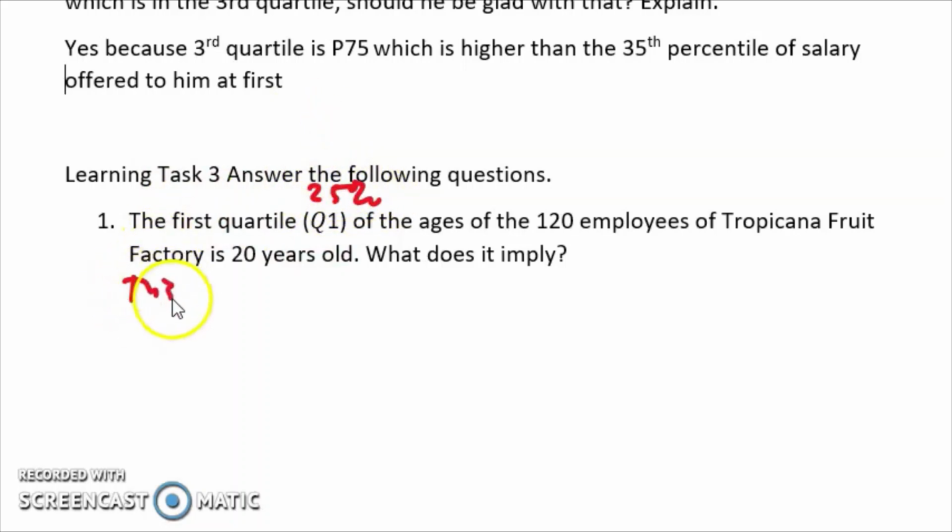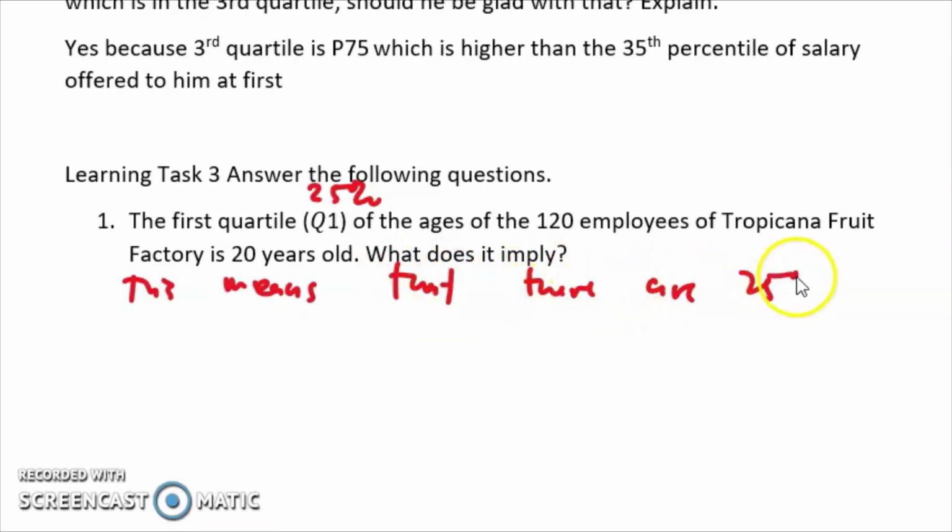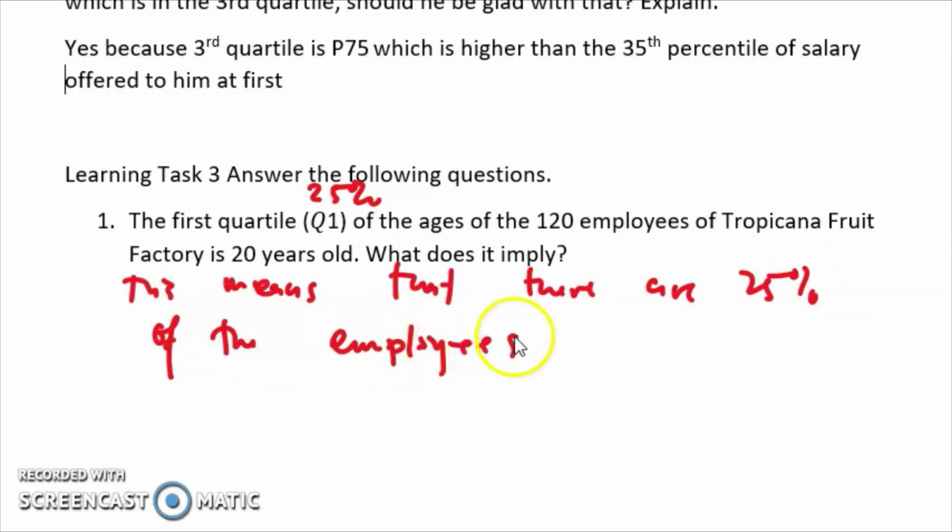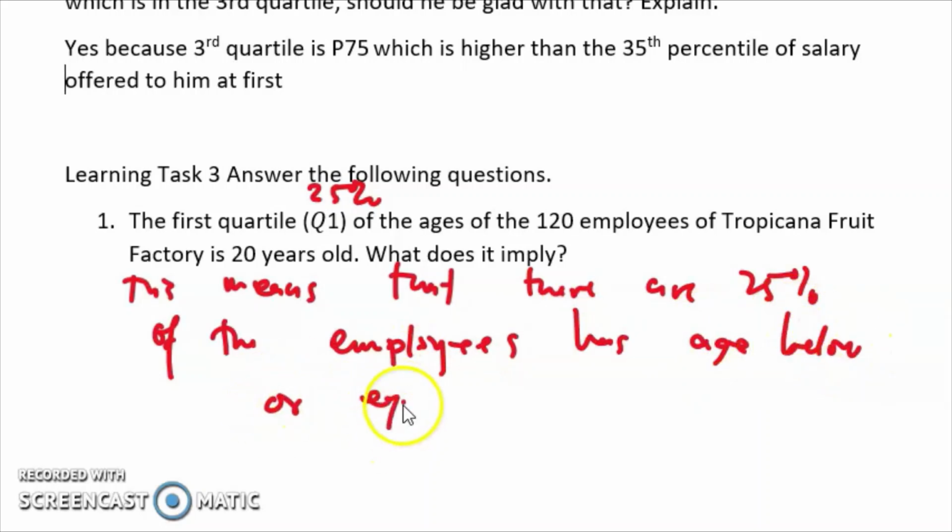So, this means that there are 25% of the employees who have age below or equal to 20 years old.